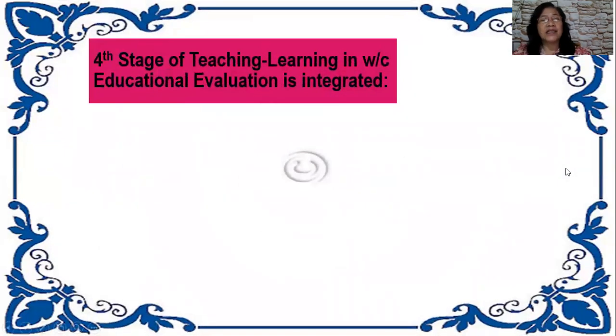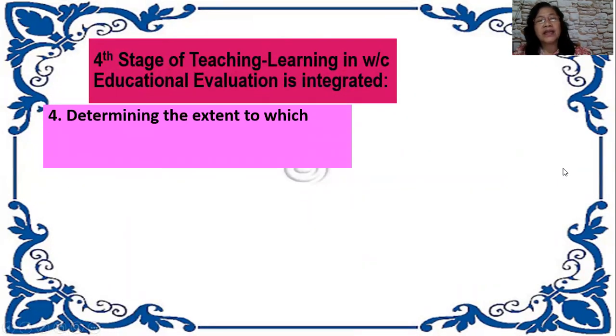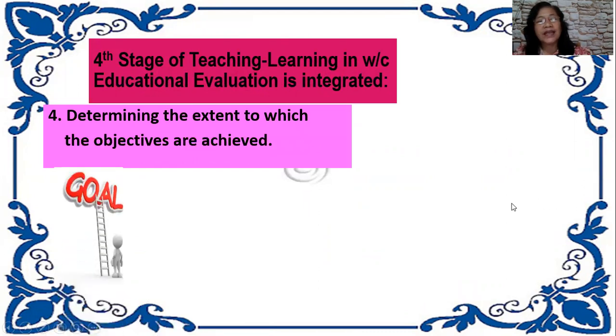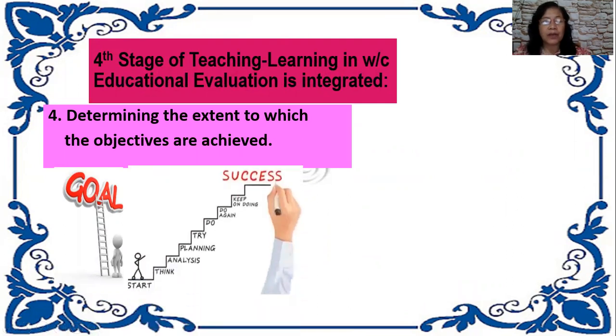The fourth stage is determining the extent to which the objectives are achieved. No, the extent, what is the goal? Is it achievable? We have already talked about the SMART. Then after the starting point, what are the things to be considered for you to succeed? The thinking, the analyzing, the planning.